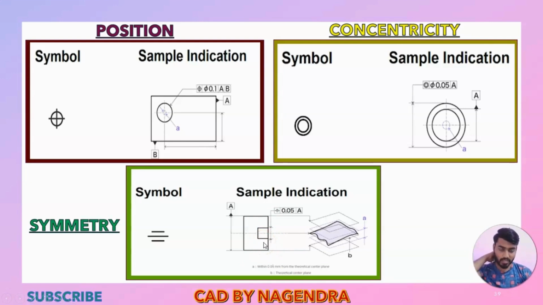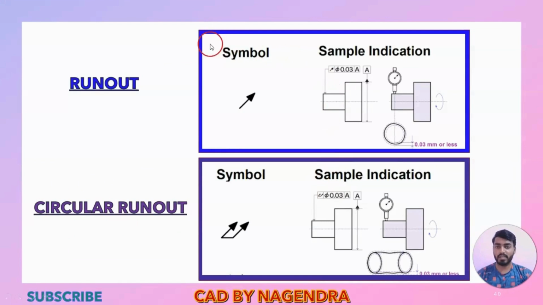So in such conditions, we can use this symmetric relation. With reference to any central plane or central axis, how much dimension we have on one side, if you want the same on the opposite side also, in such a condition we can use this symmetric relation. I hope you have understood the basic information on GD&T. So this is about GD&T symbols.